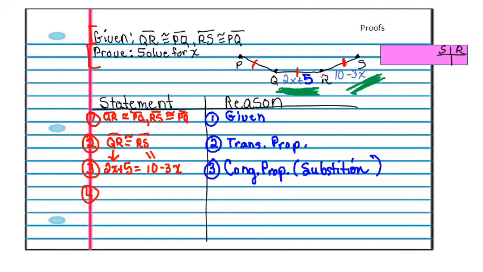All right, so the next statement is that we are going to get, I like to get the x by itself, so that means I'm moving the 5. So I get 2x equals 5 minus the 3x. And again, if you want to just kind of sideline that a little bit and show what you did, a minus 5 here and a minus 5, I don't have a problem with that either.